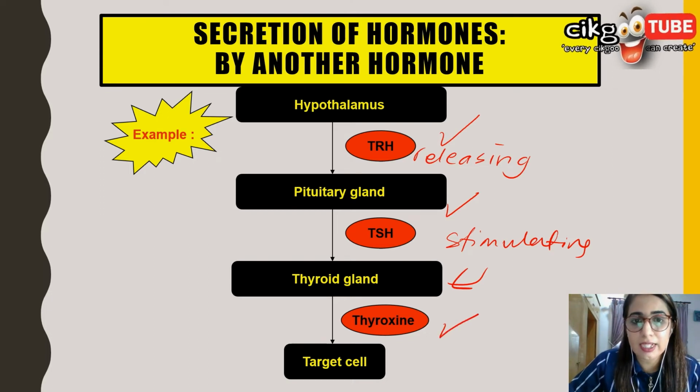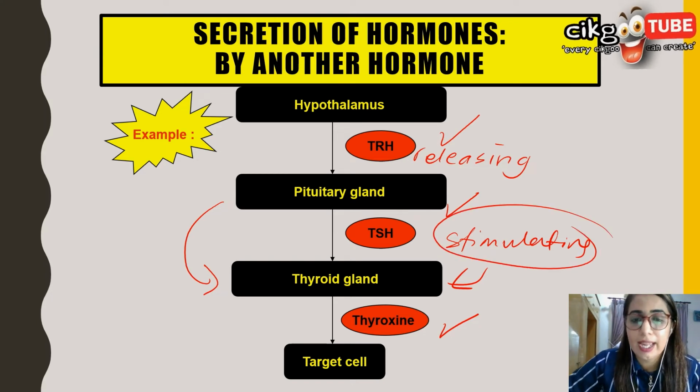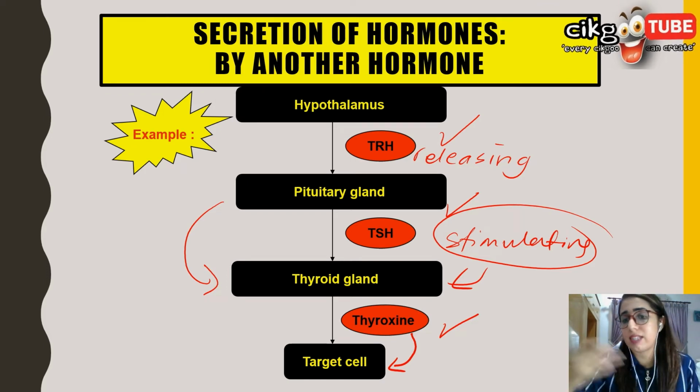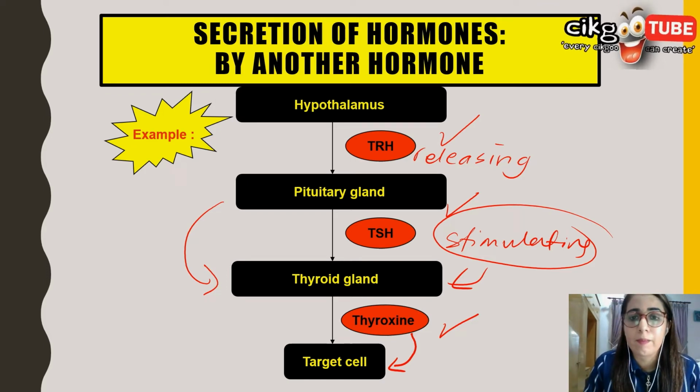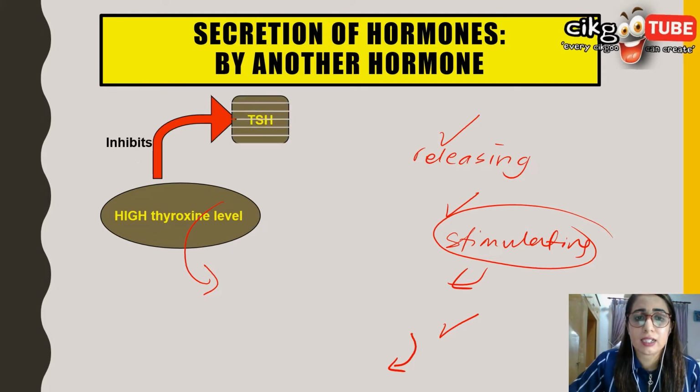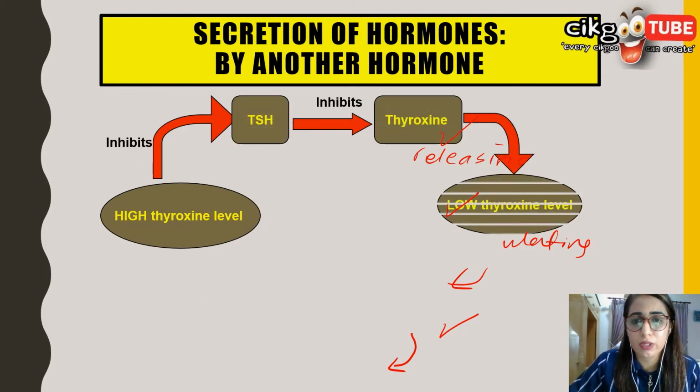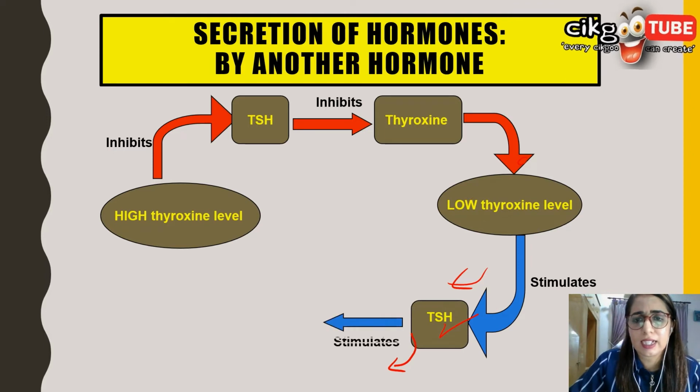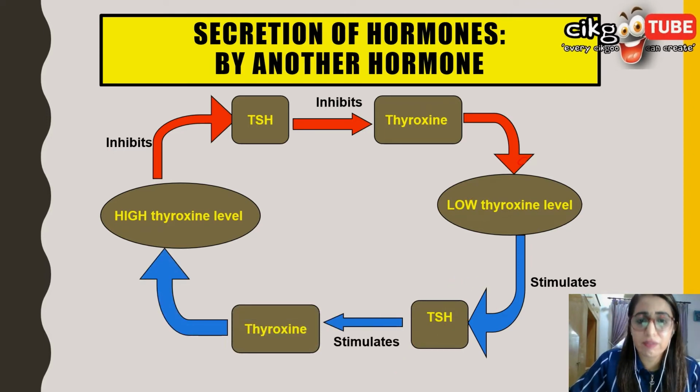So the pituitary gland cannot produce thyroxine directly; it has to stimulate the thyroid gland through the stimulating hormone. Then this thyroxine works on the targeted cells to increase cell metabolic rate and so on. Basically, hormone levels also undergo homeostasis, where if the level increases, it has to be brought back to normal. So that's how it works.